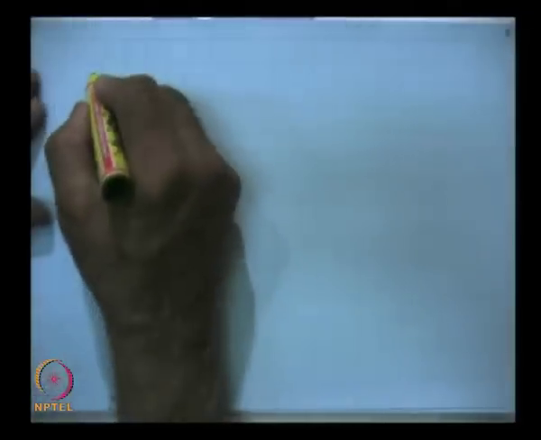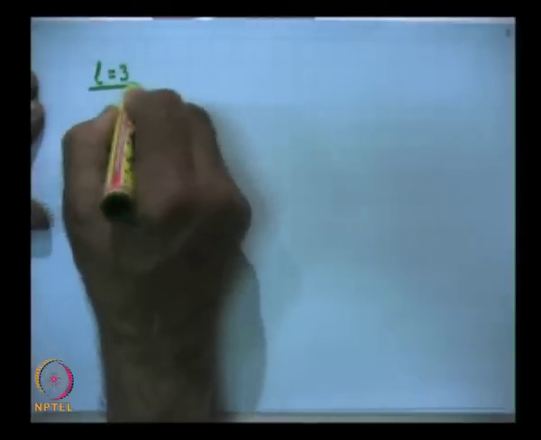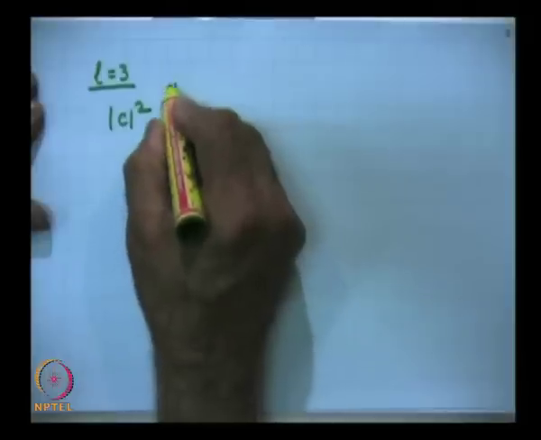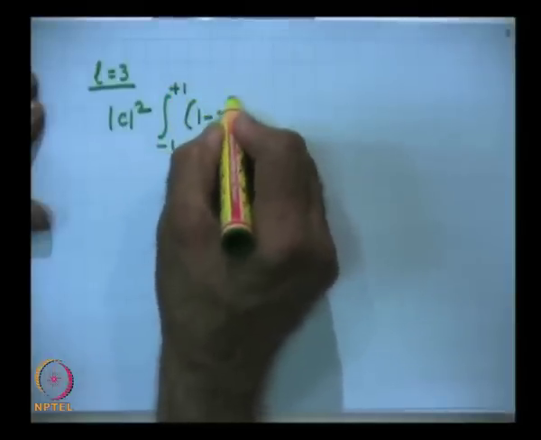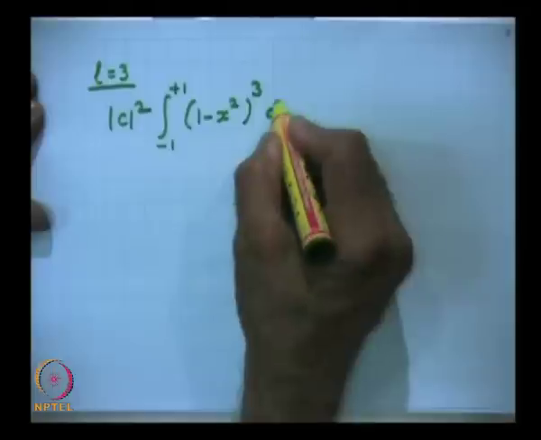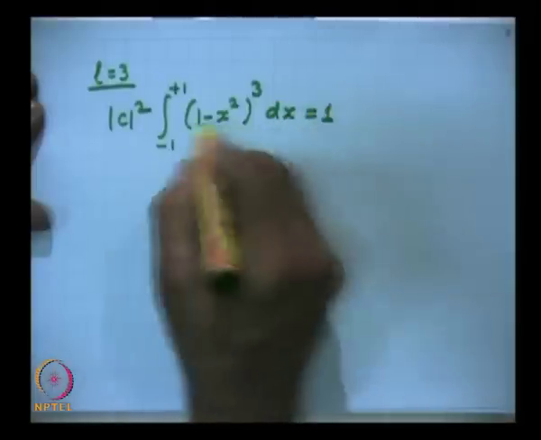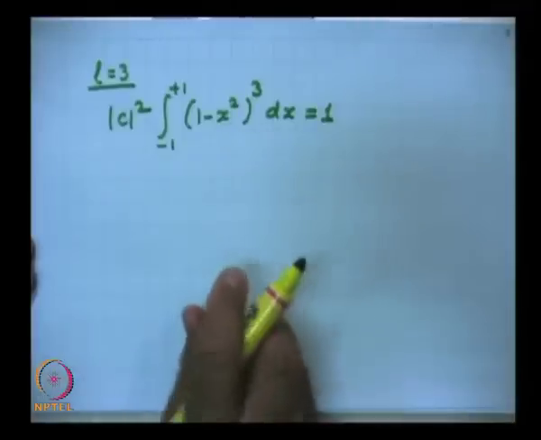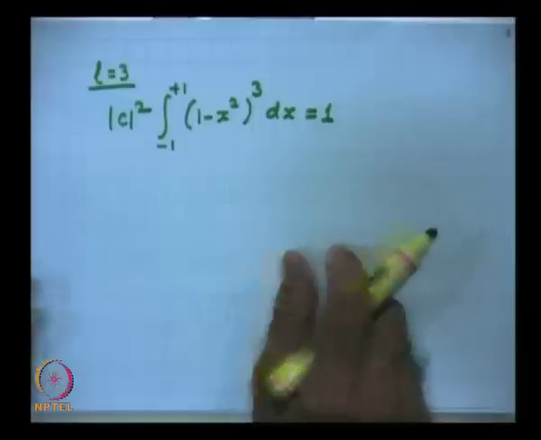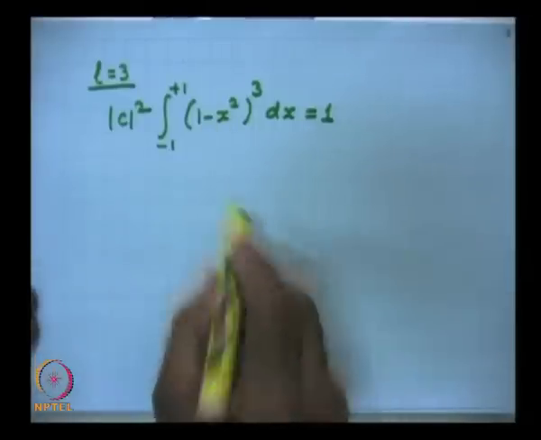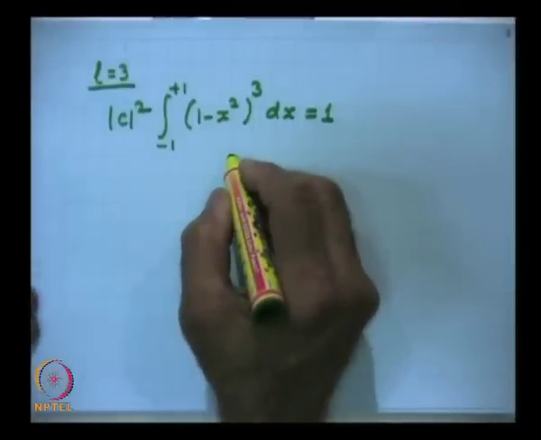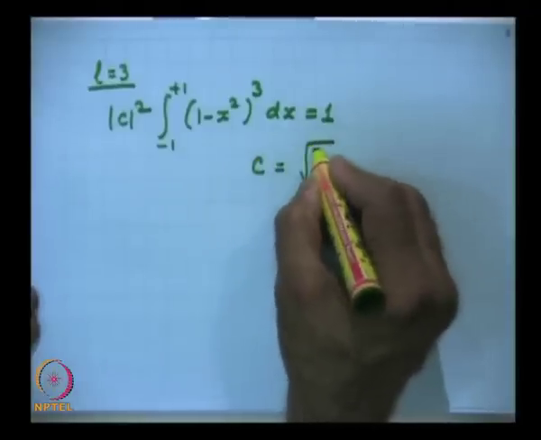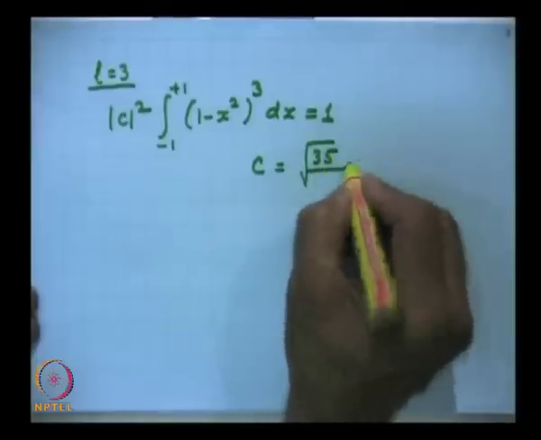Similarly, for L is equal to 3, mod C square, and you will have the integration from minus 1 to plus 1 of (1 minus x square) raised to the power of 3 dx is equal to 1. I can immediately expand it as 1 minus 3 x square plus 3 x to the power of 4 minus x to the power of 6, and if I do this, then you will get C is equal to under root of 35 by 32.